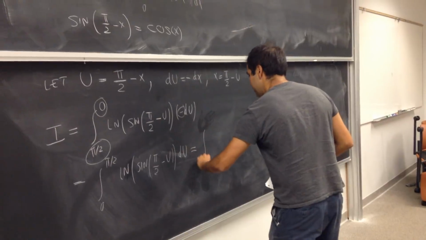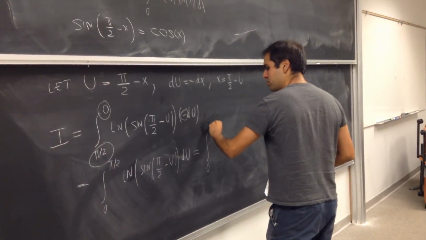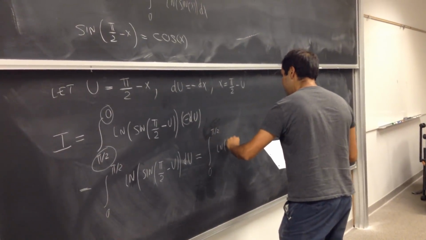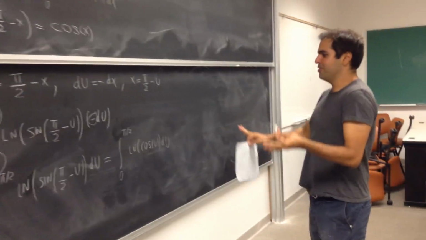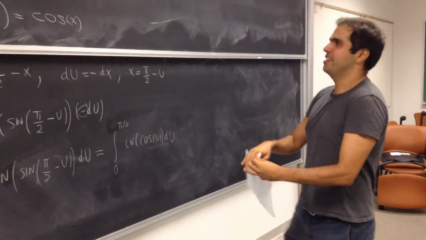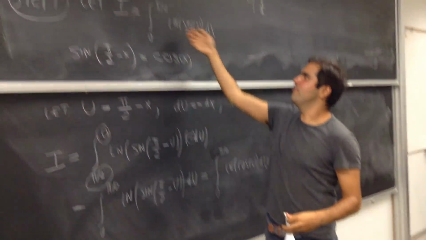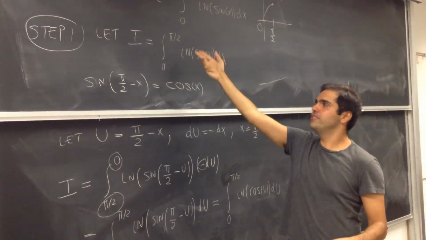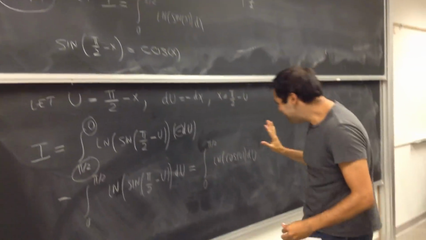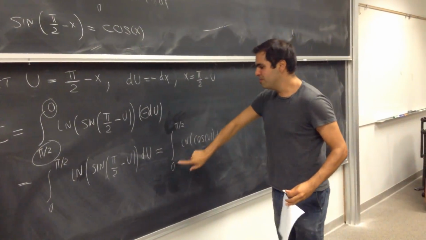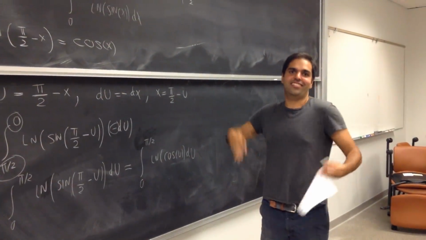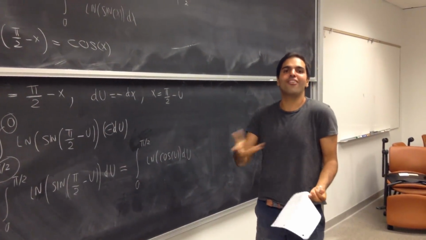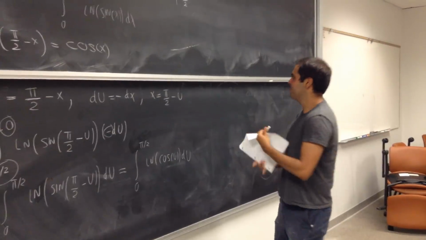So this becomes the integral from 0 to pi over 2 of ln of cosine of u. That is really cool, because it turns out the integral of ln of sine of x from 0 to pi over 2 is exactly the same as the integral from 0 to pi over 2 of ln of cosine of x dx. So this is a beautiful symmetry.